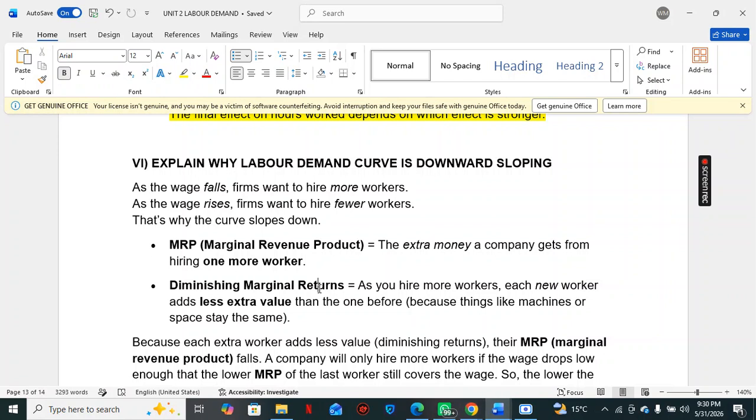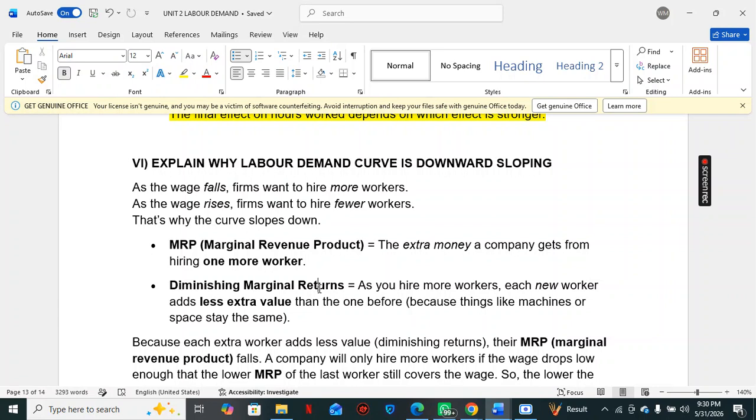You hire a second worker, they're going to add to that production. Remember the marginal product, the extra output each worker brings, is also going to increase. Because you've got three machines, two workers, the second worker is going to bring extra output to your business. You hire the third worker, three workers, three machines. The third worker is also going to add extra output.